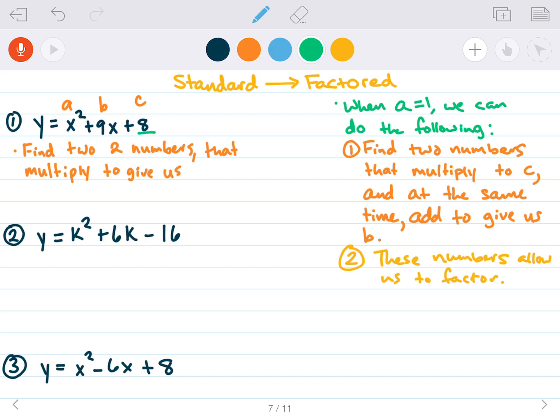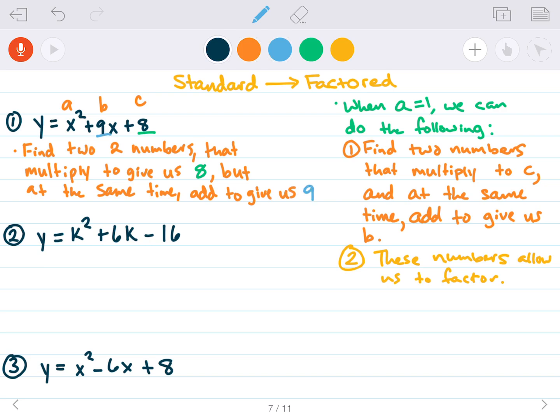C is 8. To give us 8, but at the same time, add those two numbers to give us B, which in this case is 9.